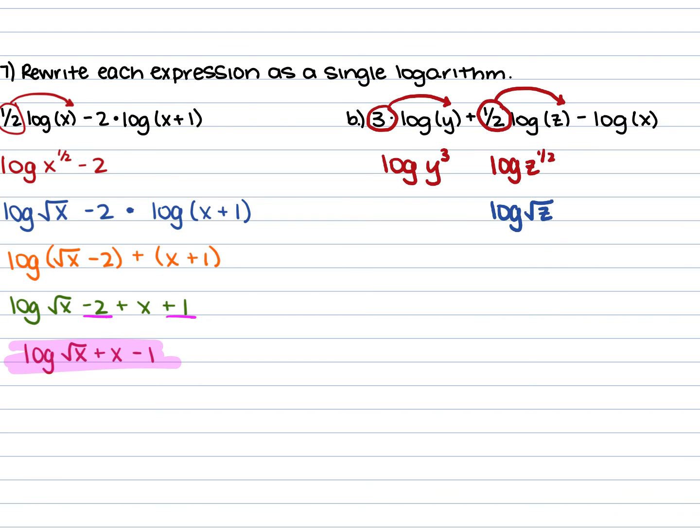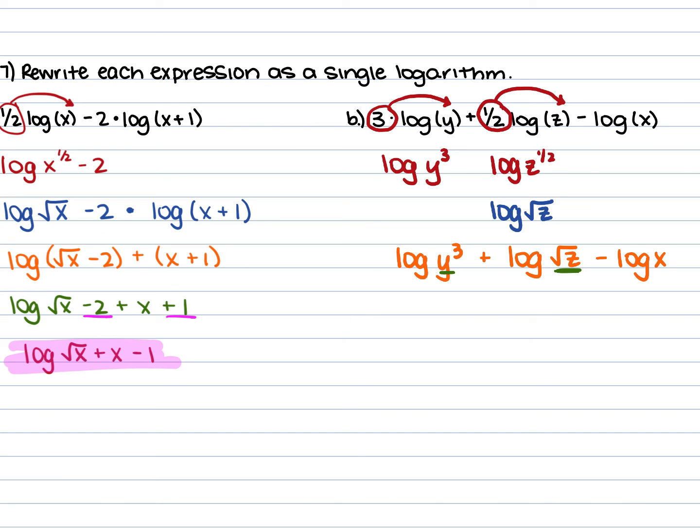Now, when you go to rewrite this, this is going to give you log y cubed plus log square root z minus log x. We keep saying that addition means multiplication, subtraction means division. So, addition, multiplication. Multiply the y cubed and the square root of z.